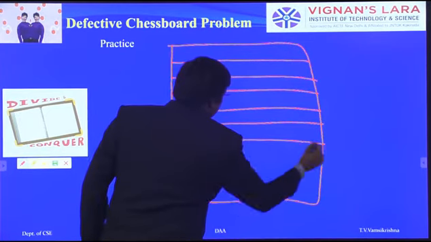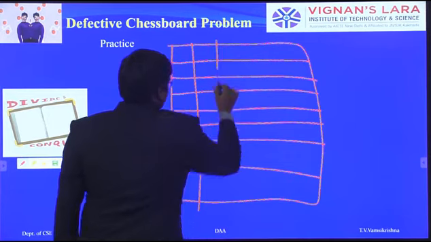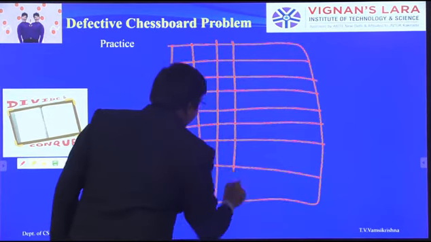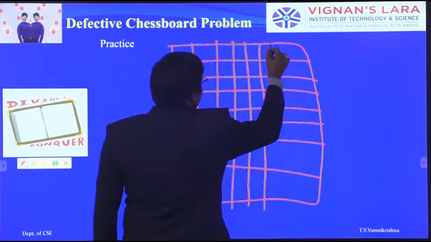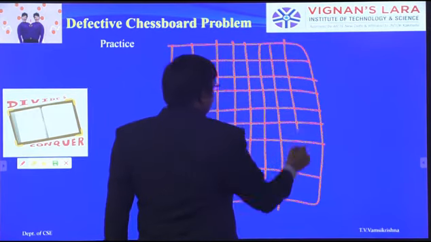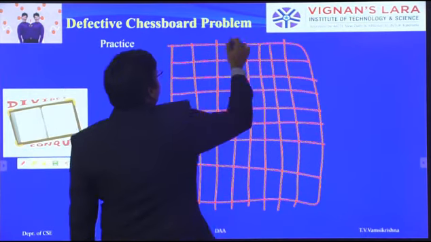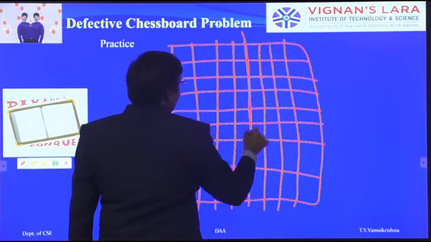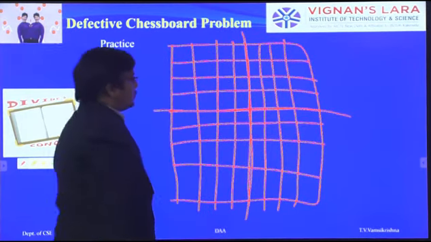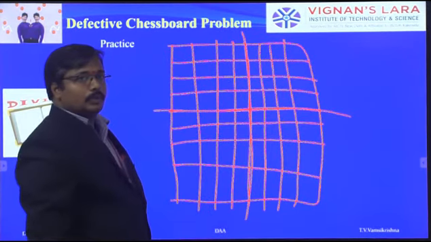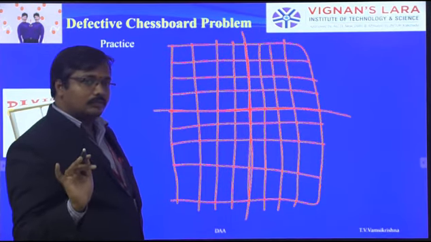So an 8 by 8 chessboard is nothing but eight rows and 8 columns. Here the chessboard is divided into 4 by 4 chessboards. We need to solve one, and automatically you can imagine the rest.